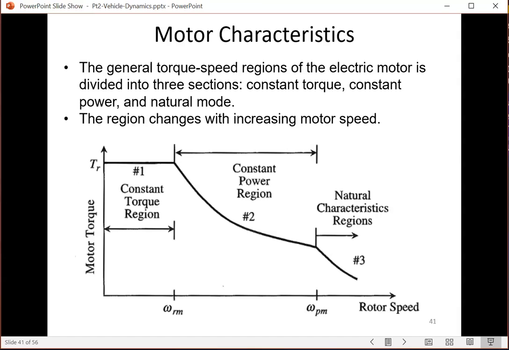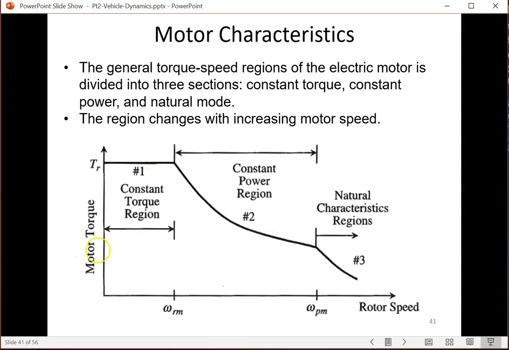Now, electric motors tend to have three different working regions, or three different sections, or three different modes. Okay, it changes with the increase of the motor speed.